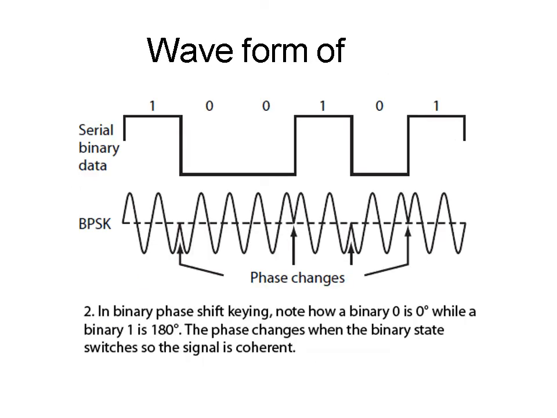The waveform of the serial binary data is given and then the corresponding BPSK signal is given with the phase changes. In binary phase shift keying, note how a binary 0 is 0 degree while a binary 1 is 180 degree. So the phase changes when the binary state switches, so the signal is coherent.